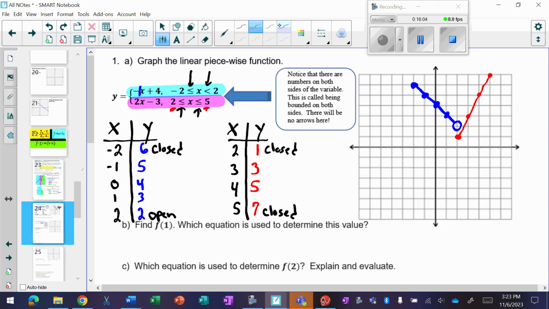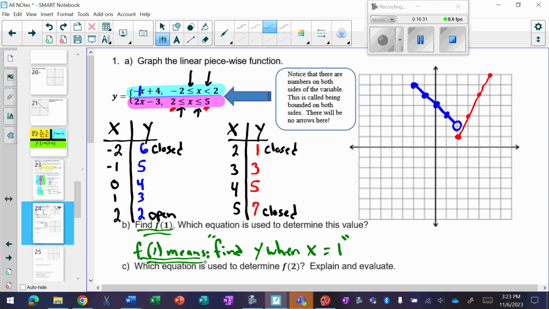So the next part is evaluating function notation in a piecewise graph. So, okay, find f of negative 1. I'm sorry, f of 1. F of 1 means to find y when x equals 1. That's what that notation is telling us.